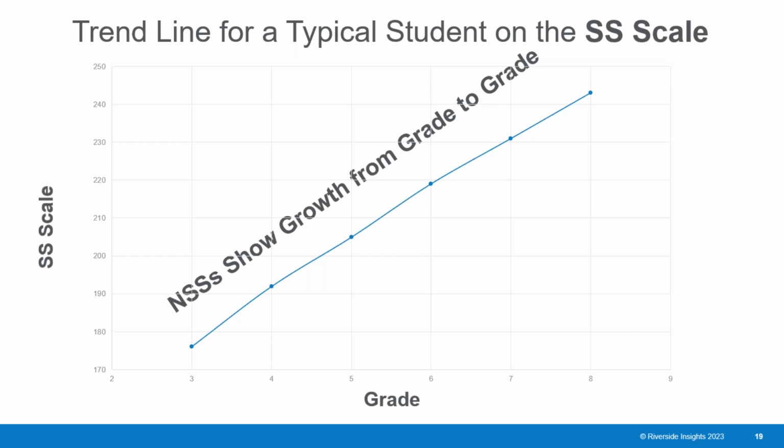So standard scores march up across the grades. The average standard score in the spring of the year is plotted in this graph, and you can see how students in grade 4 are going to, on the average, have higher standard scores numerically than students in grade 3. Likewise, students in grade 5 higher than students in grade 4.